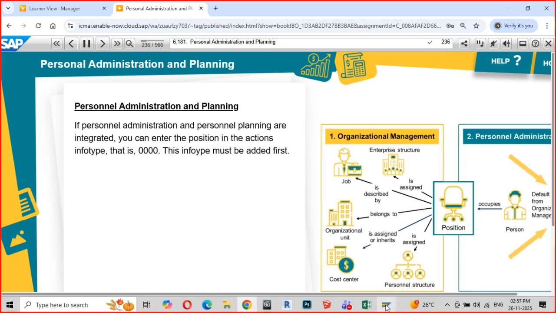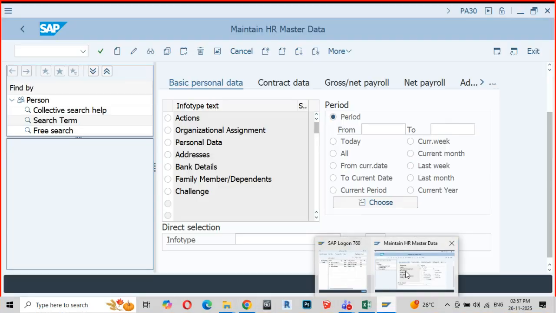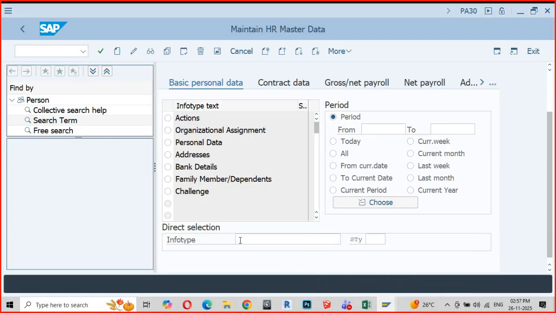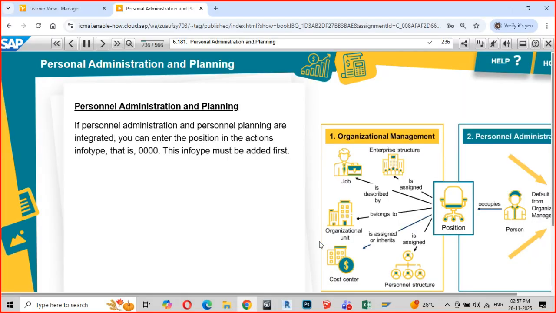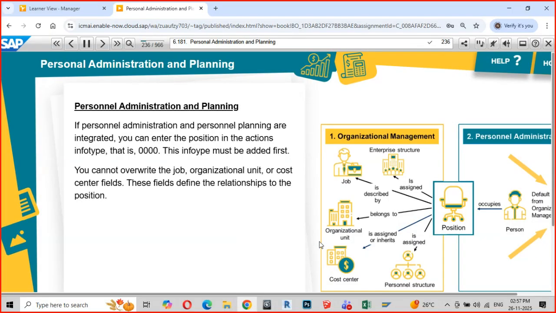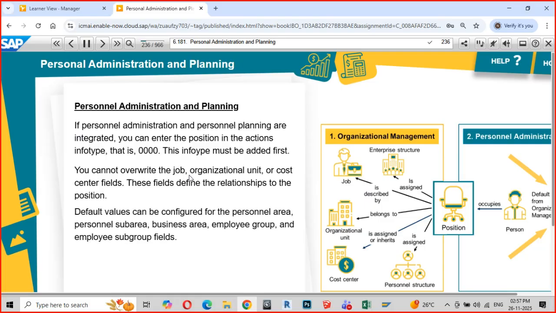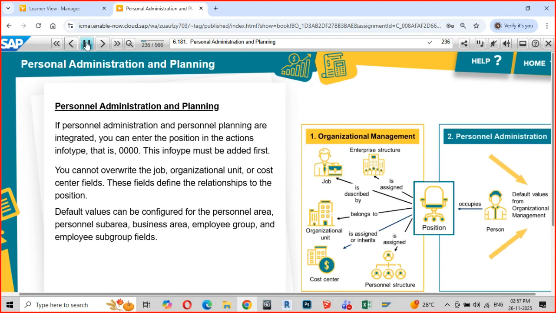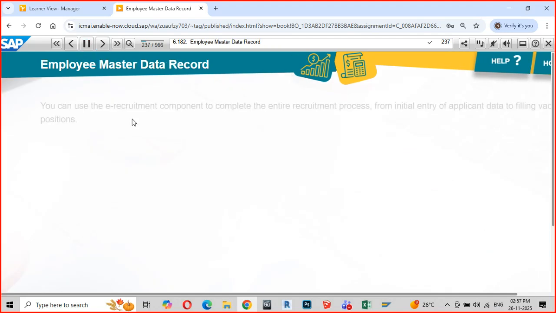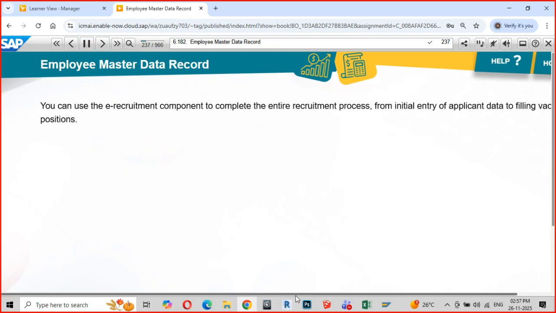Where did you see that info type? Can you see it here? We may or may not know what necessarily is your info type, but this info type must be added first. We may or may not understand the concept completely. Still okay. Not a problem.